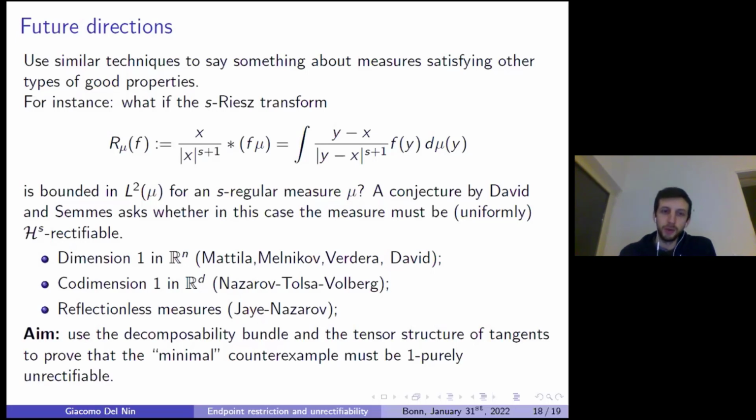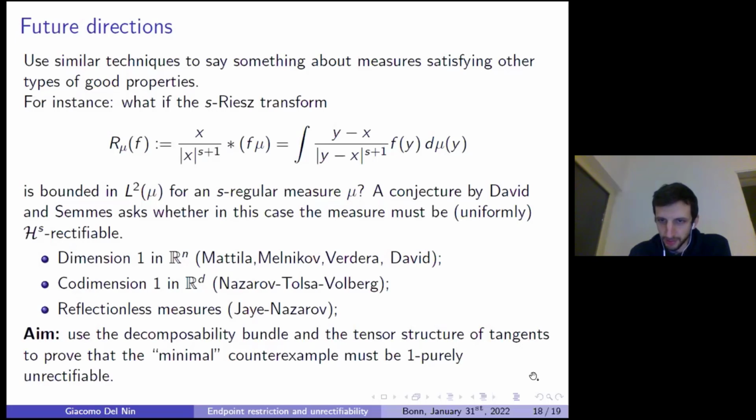Namely, if we consider a counterexample of minimal dimension, then it must be purely 1-rectifiable. So the aim here is to go again through the decomposability bundle to prove such a restriction on possible counterexamples for this conjecture.